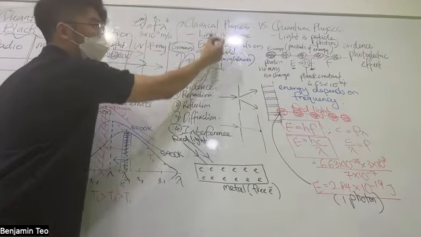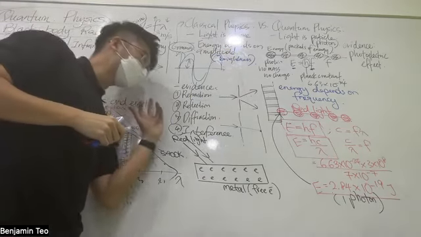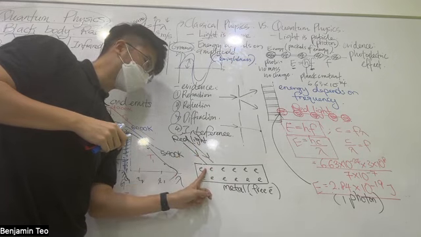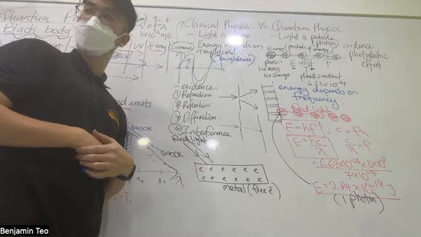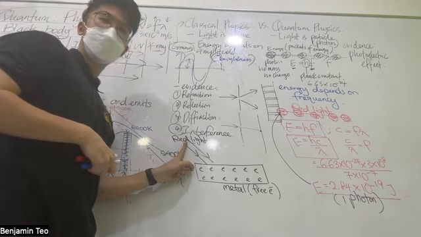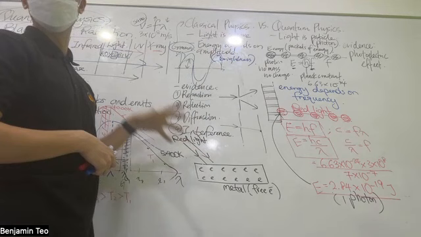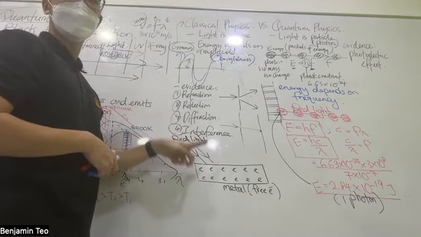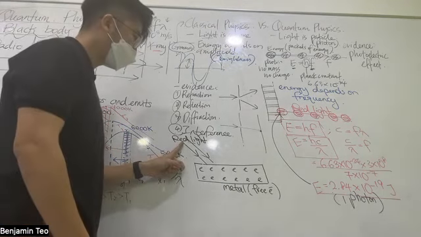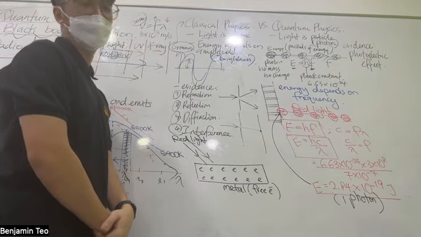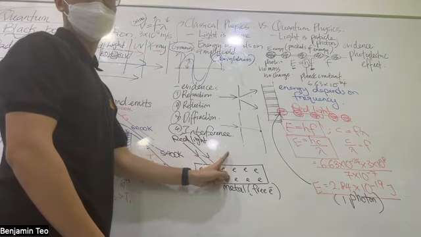Now, classical physics says energy depends on amplitude, right? Depends on brightness. So when they shine red light, they see no electron jump out, meaning no energy is transferred to the electron. Then they increase the brightness of the red light, because brightness is energy. They increase the red light brightness, still the electron doesn't come out. Keep on increasing the brightness, doesn't come out. Then what happened is they switch the red light to higher frequency light.